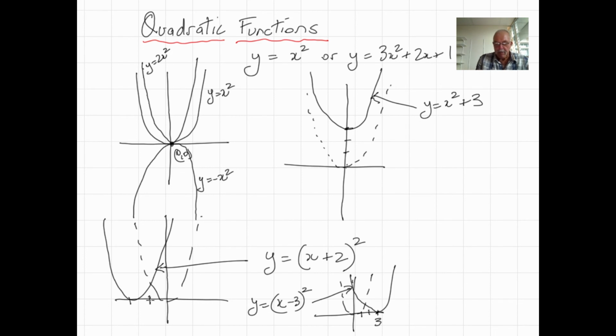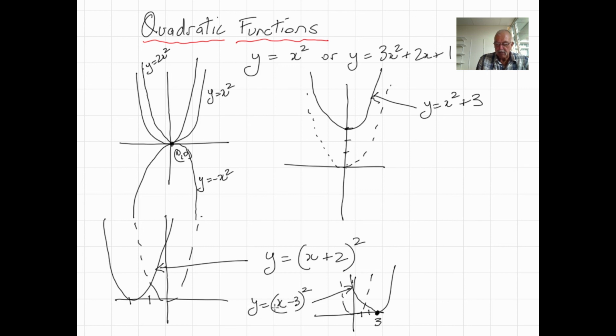The way to remember that, whether you go left or right, is right at this spot, at the point 3, y is equal to 0. So when you look at that, you can say, okay, if y is equal to 0, what value of x will make this equal to 0? Because we've got to get 0 inside there.